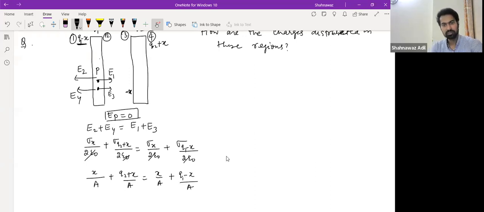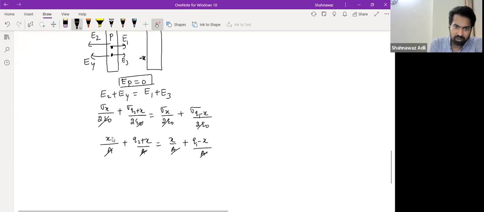Is that clear, Tariq and Faiza? So a will all cancel and this x also cancels, and we have q2 minus q1 equals to 2x.